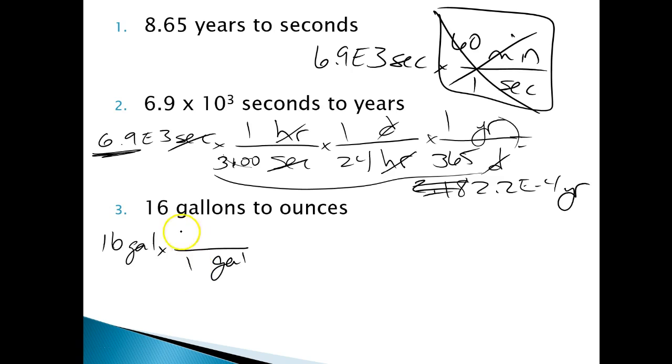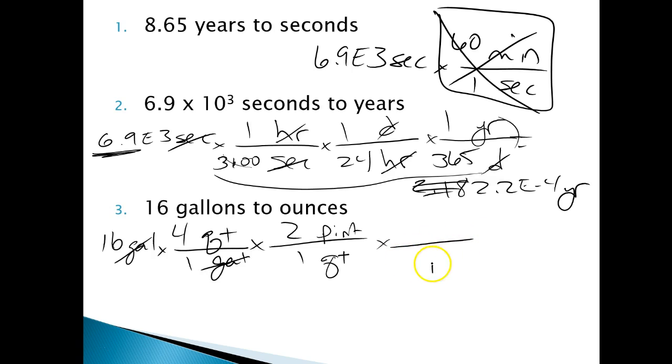So gallons, 1 gallon is 4 quarts, because I don't know how many ounces are in a gallon. Then I'm going to put quarts on the bottom. And if I look back at that chart, I know that there are 2 pints in 1 quart. And in 1 pint, there are 2 cups.